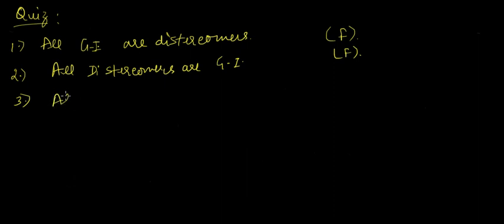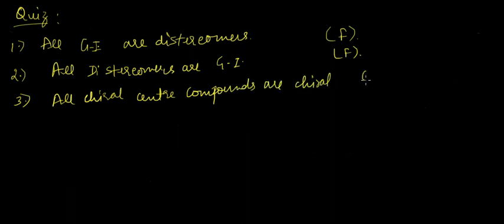The fourth one is: all chiral center containing compounds are chiral. False again. There can be meso compounds including the chiral center. A chiral center is a must for a compound to be chiral.